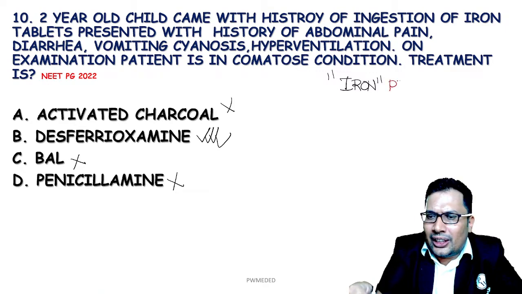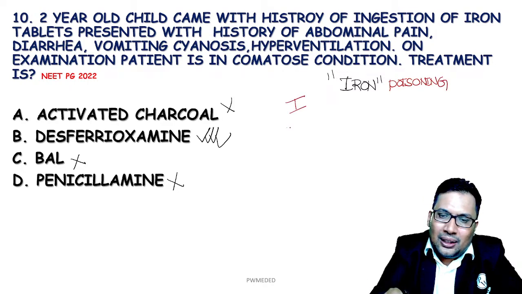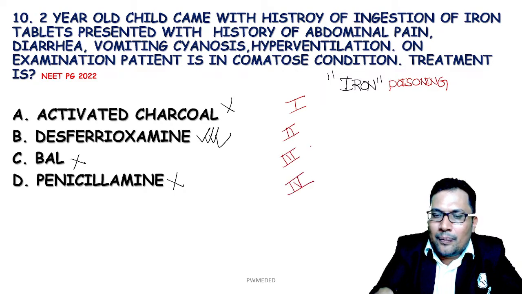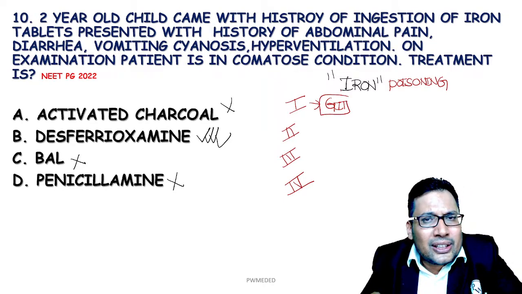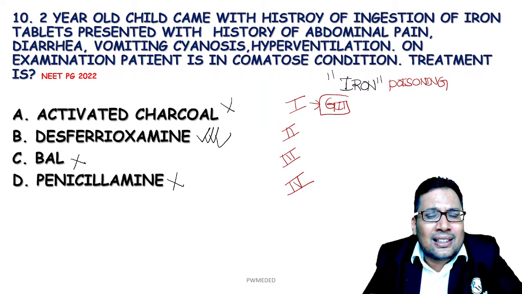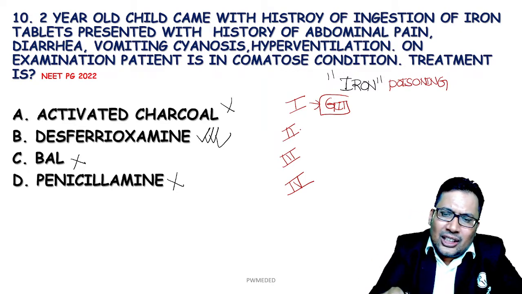Remember, in iron poisoning there are 4 stages. Stage 1 presents with GIT symptoms: nausea, vomiting, diarrhea. Stage 2, symptom free.